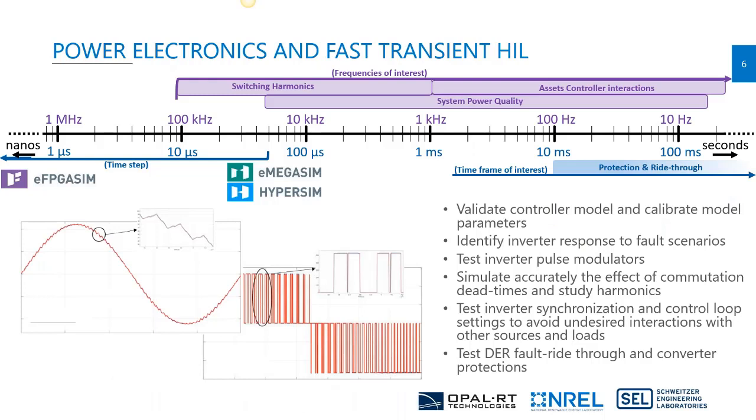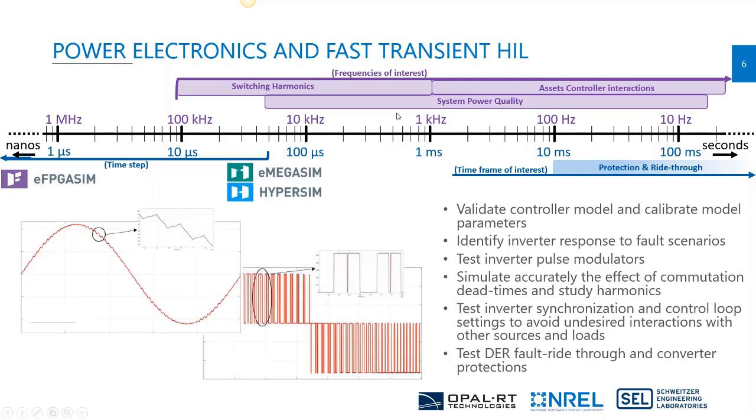Okay, so the typical studies that you would do based on these hardware in the loop test beds would involve either fast transient HIL, control and protection HIL, or large system dynamics slow HIL studies.